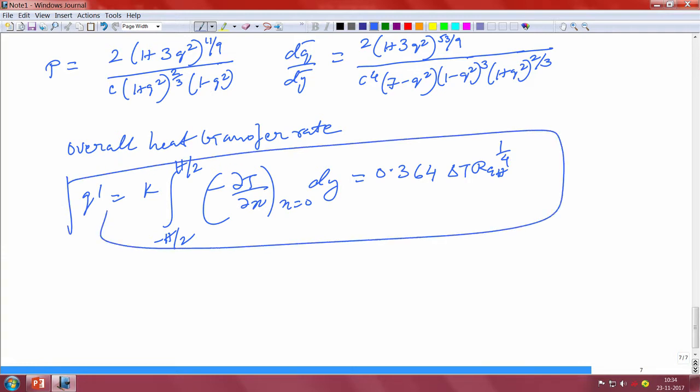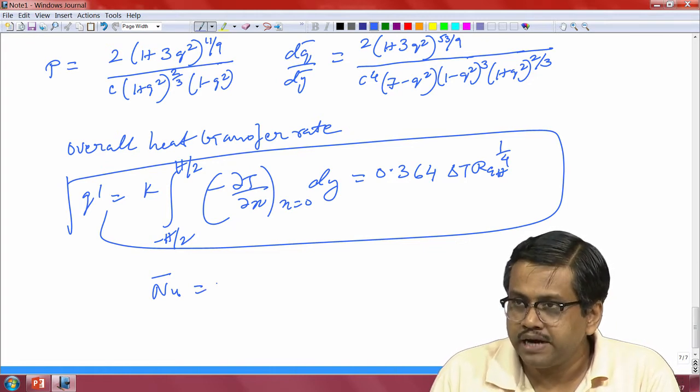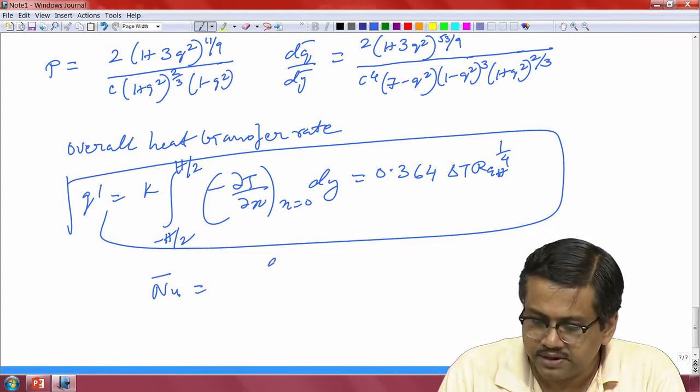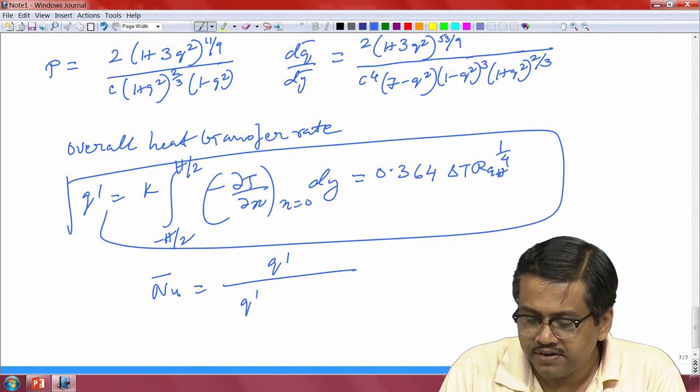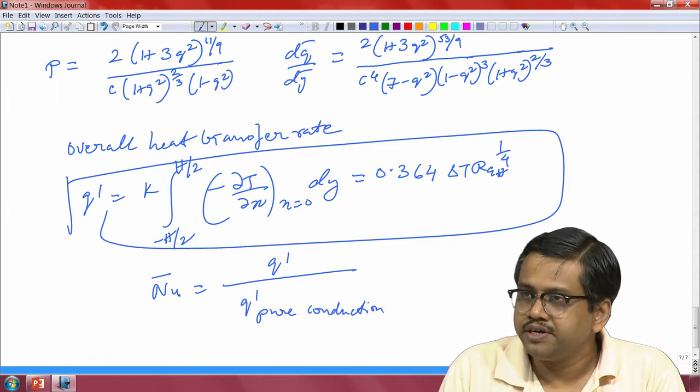Okay. Now, if we define the Nusselt number in this particular way, noting that the majority of the relationships depend on the Nusselt number, the average Nusselt number is nothing but the q prime divided by the q prime in the pure conduction limit, right.